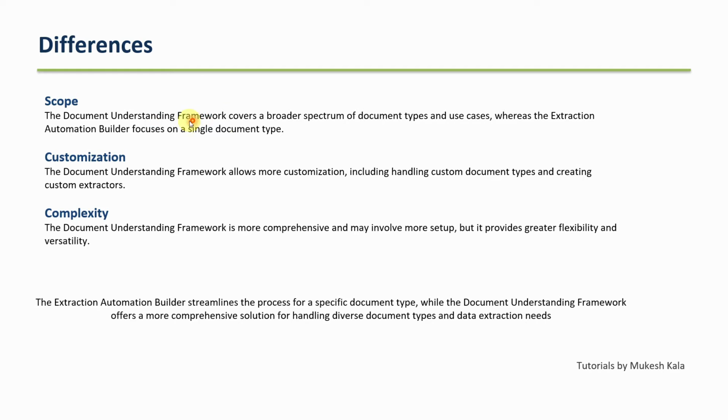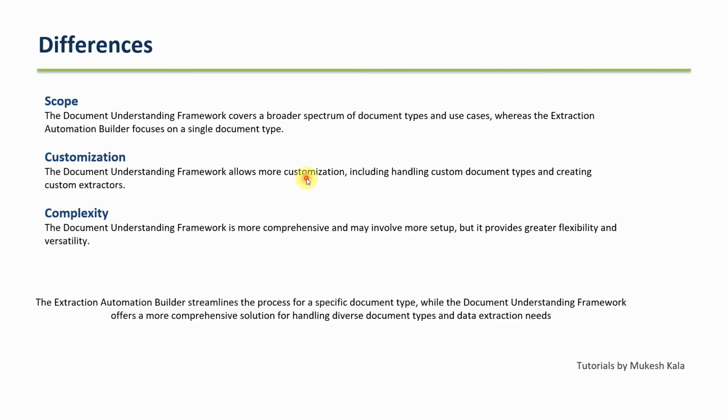So the scope for the document understanding project is wider, and for the extraction builder it is only a single document. If I talk about customization, the document understanding framework allows you to have more customization. You have more control over the automation, including handling custom document types, creating custom extractors and all of that, whereas in the extraction builder, you have limited scope for customization.